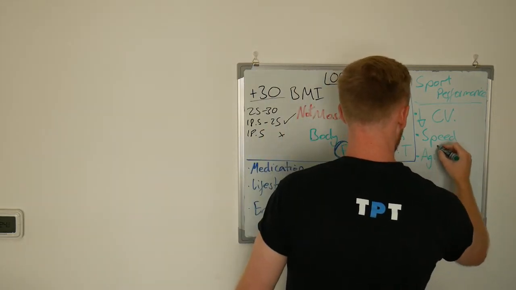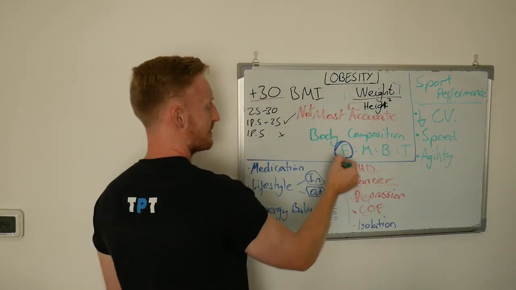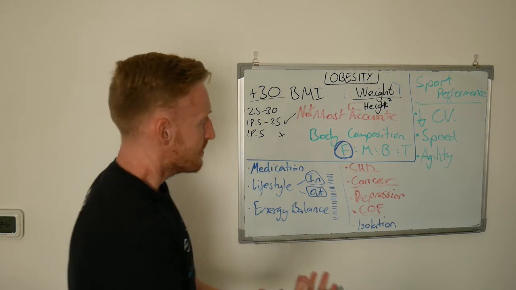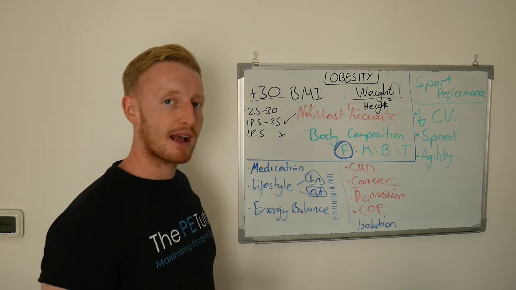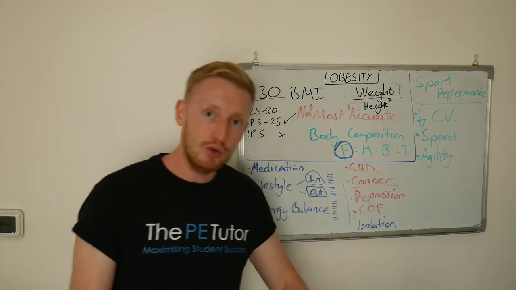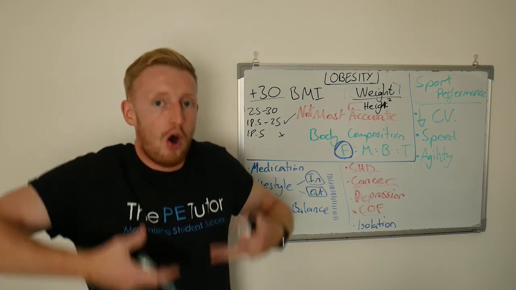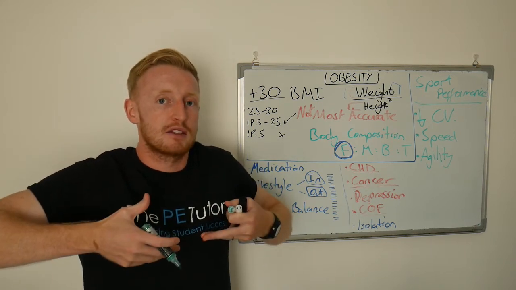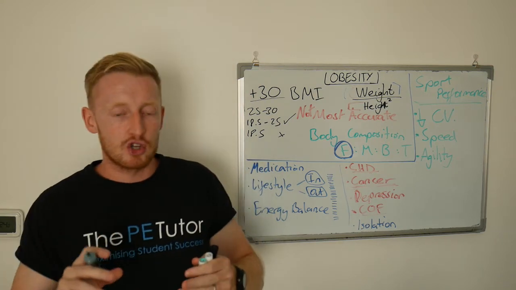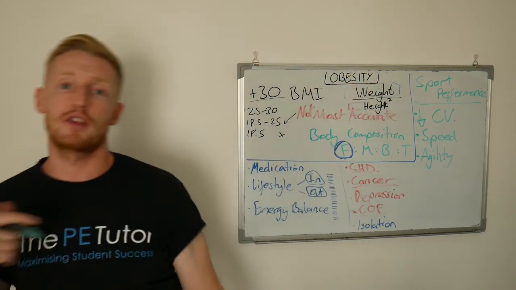Agility will also decrease. If someone is accumulating fat mass on their upper body, this is going to raise their centre of mass up from the ground. Now, centre of mass, that can be a huge factor when we talk about stability and changing direction. If you've got a high centre of gravity or a high centre of mass, and you suddenly try to change direction, that centre of mass is going to want to go one way, and you're going to try and run the other.